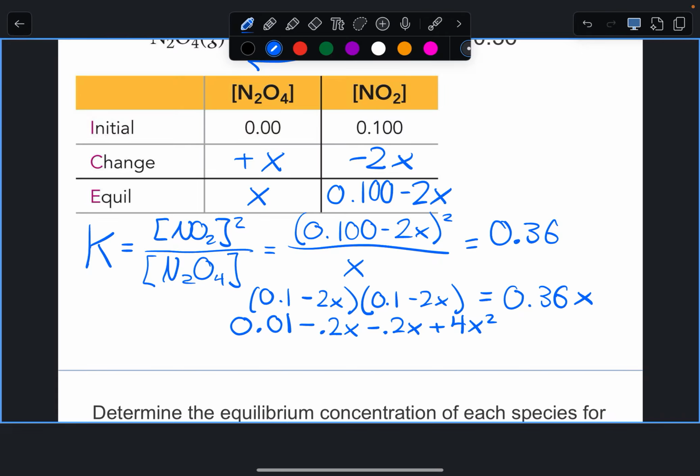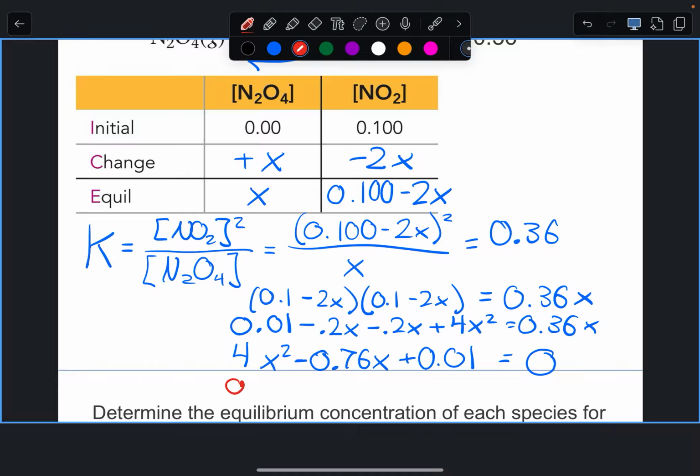So really, I just have to combine like terms at this point in order to get that 0 on one side. And I'm going to write it as x squared, x, and then the one without an x, the number. And then the 4 is your A, the negative 0.76 is your B, and the 0.01 is your C.